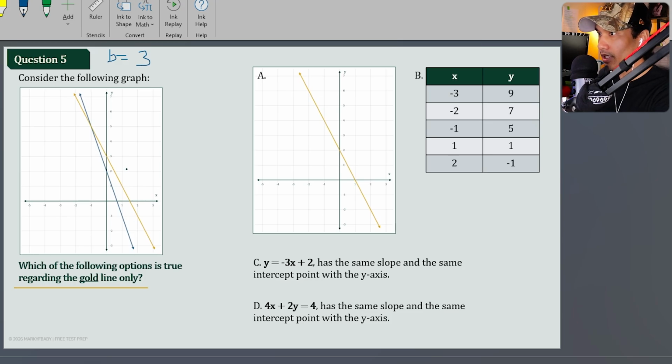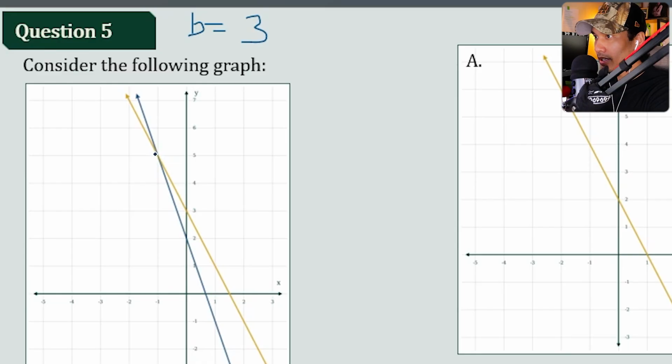So I'm going to zoom in while I edit, but let's choose this point right here. This is at -1, 5. I'm going to choose this one, and I'm also going to choose this one right here at 1, 1. Okay, so I have -1, 5 and then I have 1, 1.